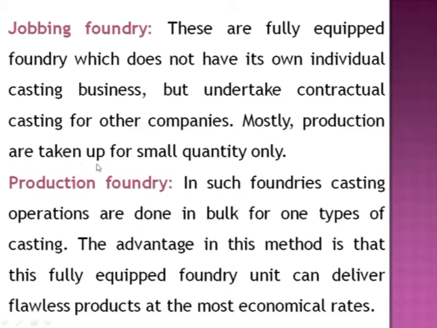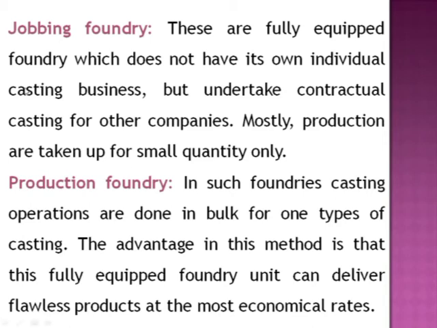Mostly the production is done in small quantities only. So a jobbing foundry means a fully equipped foundry which does not have its own individual casting business. They take a required casting from another industry and just assemble it.